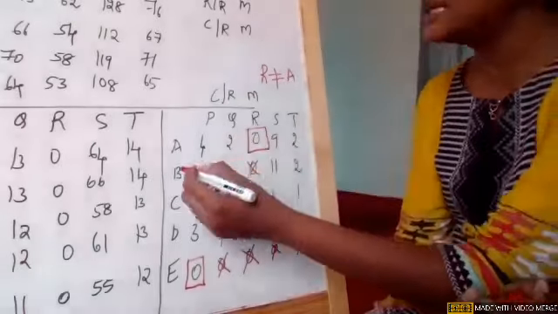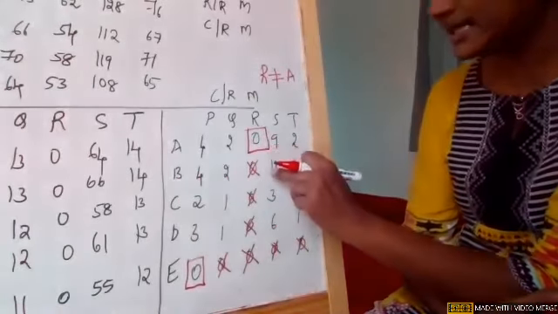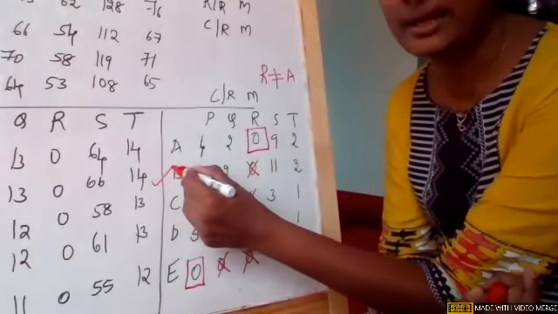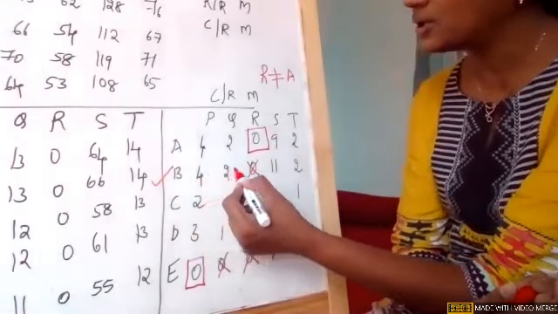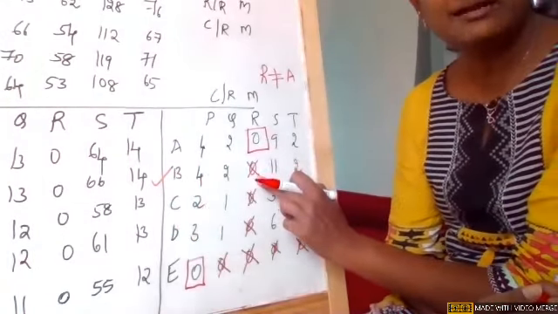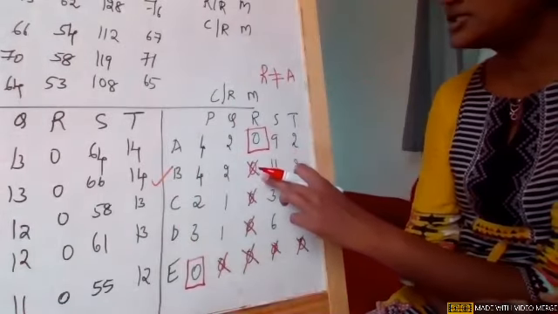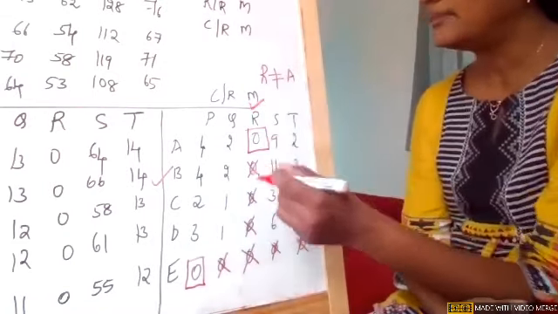Now if you see, the first row has an assignment, so ignore. The second row has no assignment. Wherever there is no assignment, I'm making a tick. After ticking this particular row, check for zeros. Wherever there is a crossed zero, tick that particular column. Am I clear, girls?